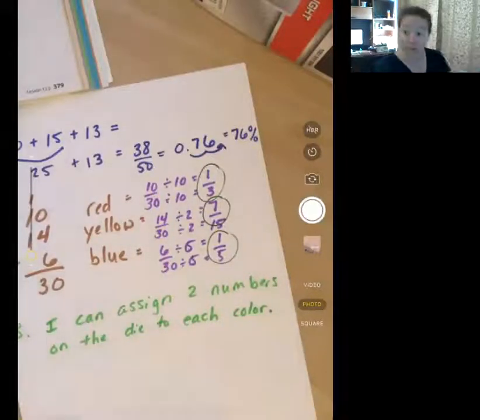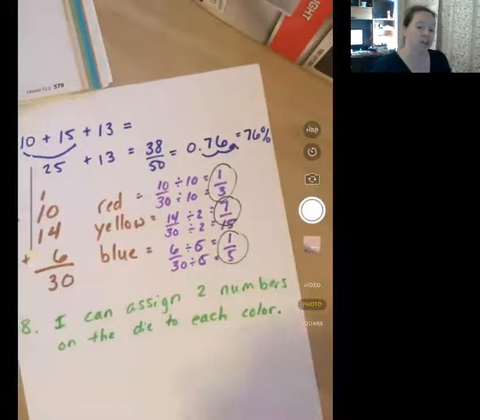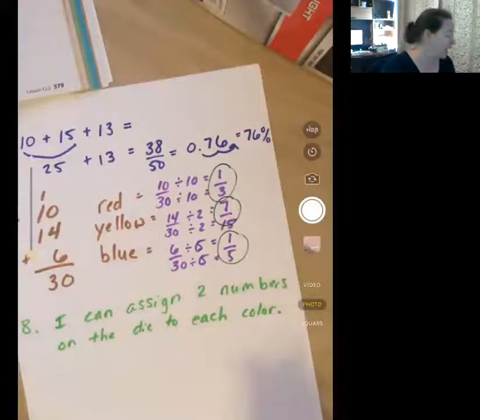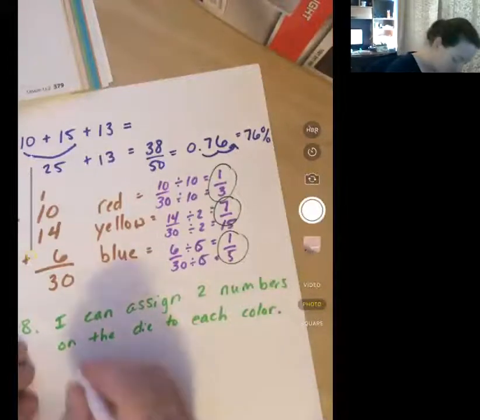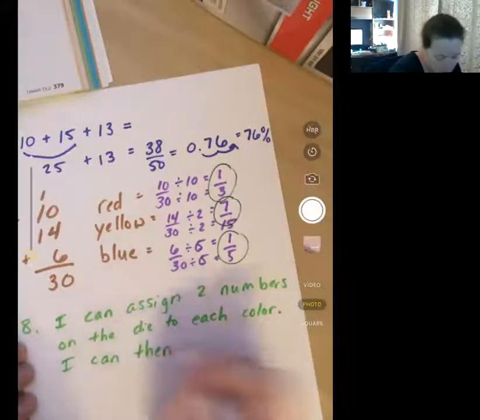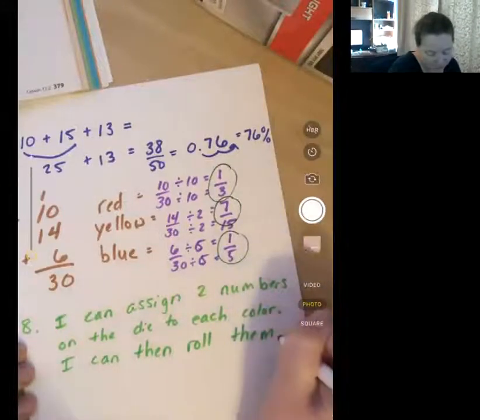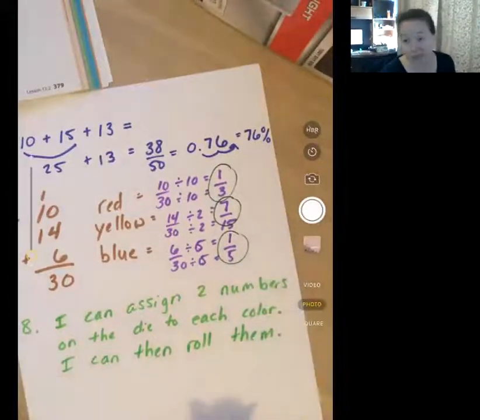You could do 1 and 2 are red, or you could do 1 and 5 are red. It really does not matter at all when we are dealing with a die. So I can assign 2 numbers on the die to each color. I can then roll them and see what comes up. It's the best that we can do.